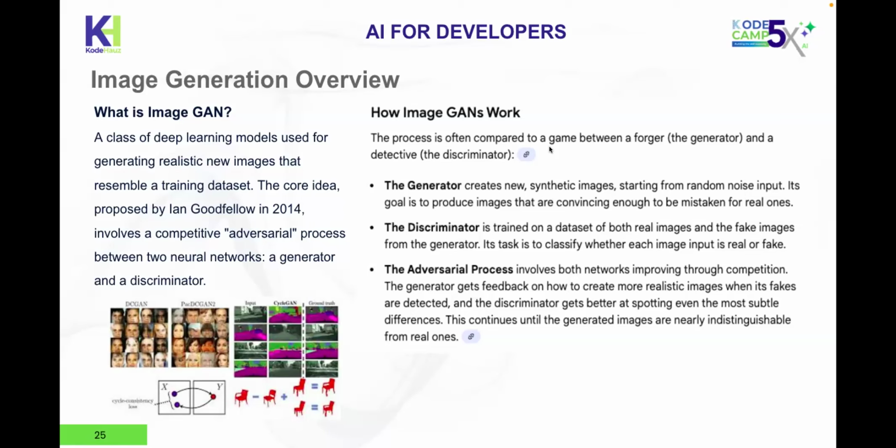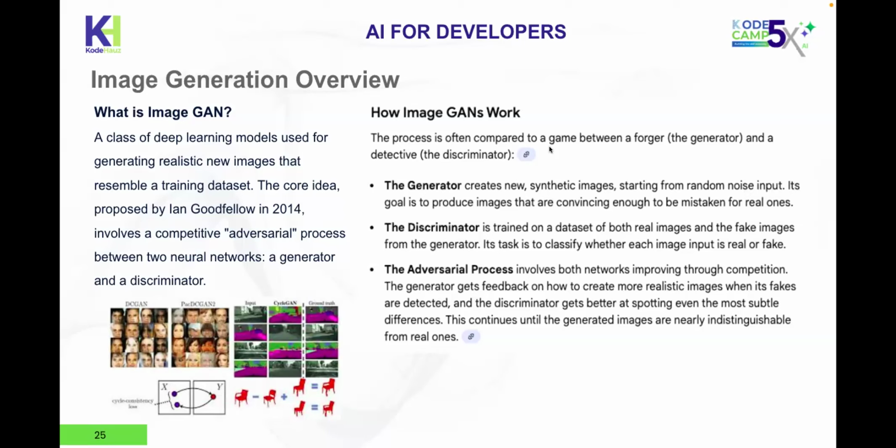And of course, if the discriminator, which is really good, cannot, then a human being cannot either. So that's the whole idea, convincing enough to be mistaken for real images. The discriminator is then trained on a data set of both real images and the fake images that come from the generator. Its task is to classify whether the images are real or fake.